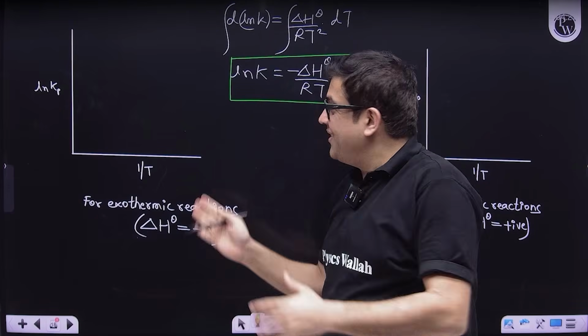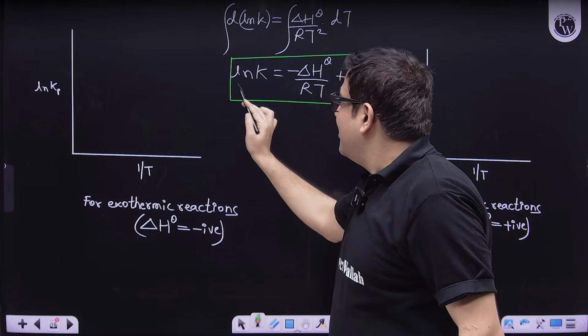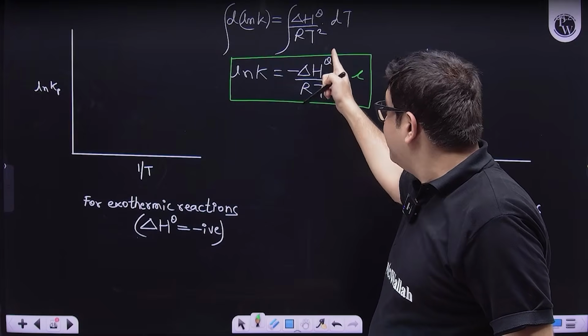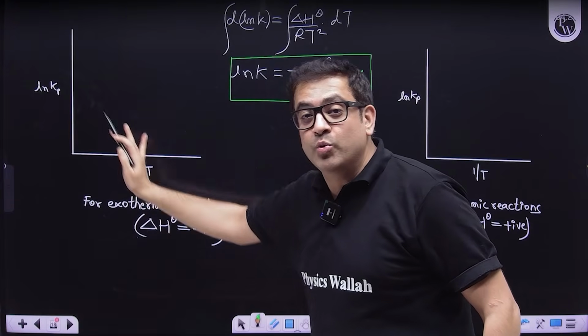Sir, it's a straight line. How? Y is equal to mx plus c, where x is 1 upon T, that's how I made two graphs.